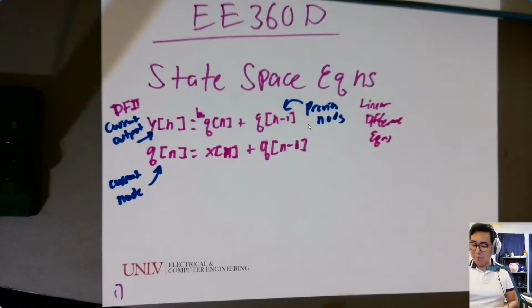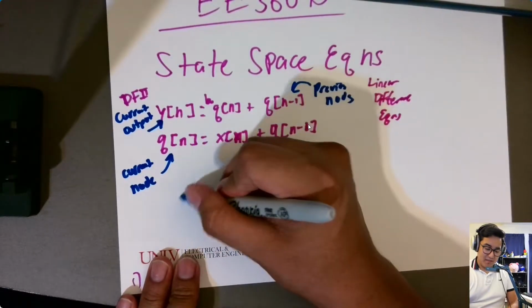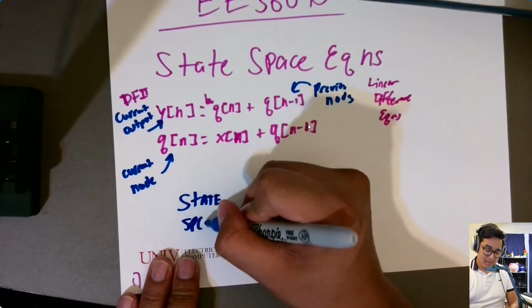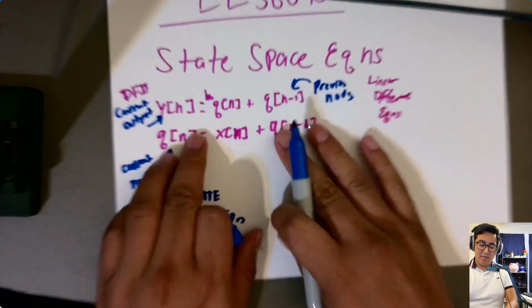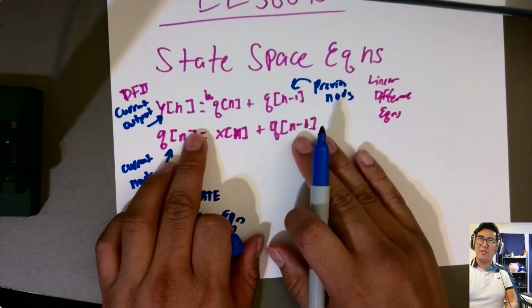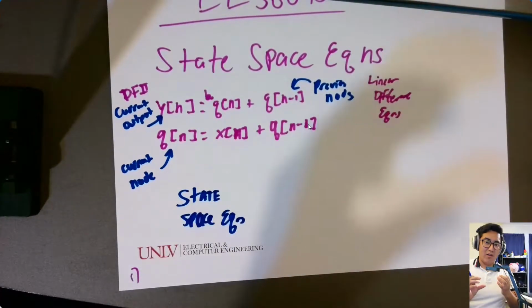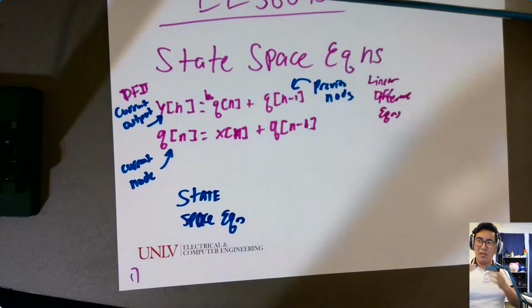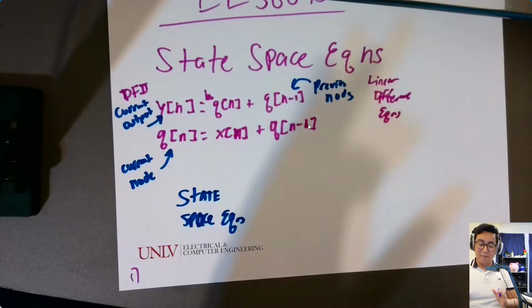But the cool thing about state space equations is, how to explain it without making it complicated, we're taking what we know now, as in what do we have in our system, and we're going to use what we have now to determine the future.